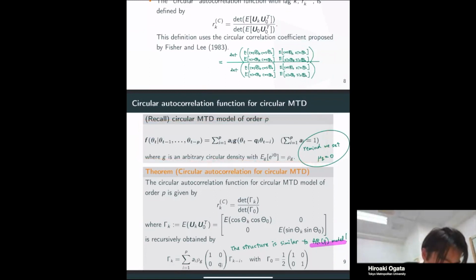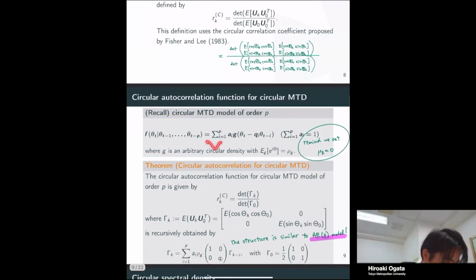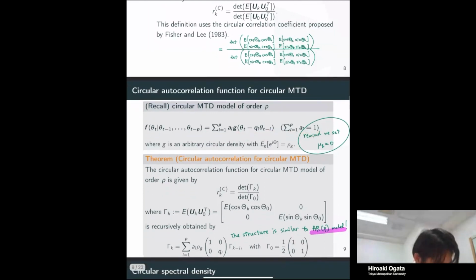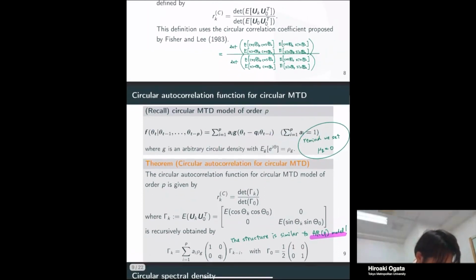Remember that we set μ_z equal to 0, so now the resultant length of z is ρ_z. So for this mixture transition density model, the circular autocorrelation is represented by this.